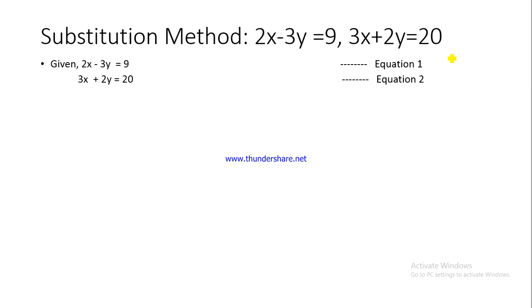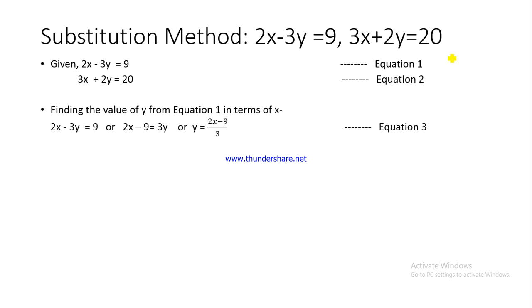To do that, the first thing you'll have to do is find out the value of y from one of these two equations. So we'll first find out the value of y from equation 1, and this value will be in terms of x. So 2x minus 3y is equal to 9. I have to find out the value of y, so I'll shift the y to the right hand side.